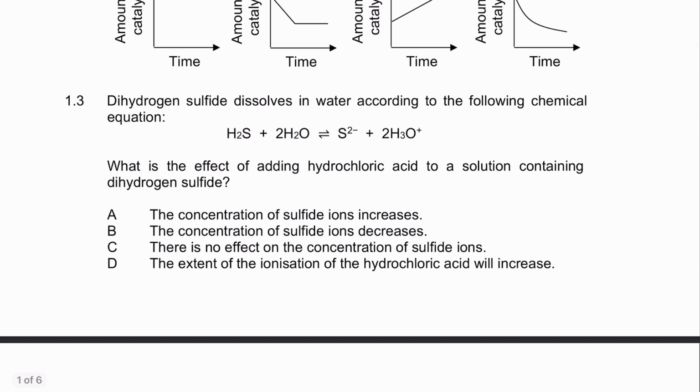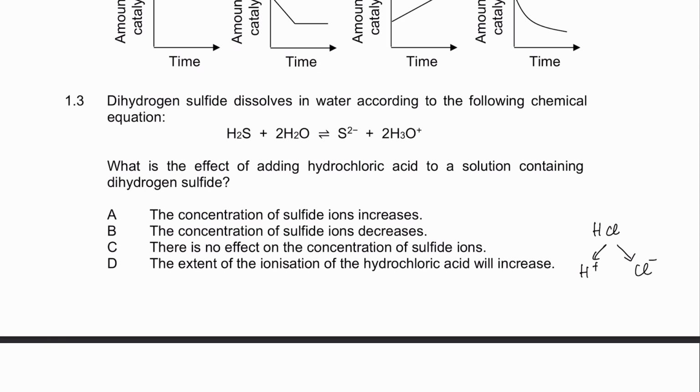Question 1.3. Dihydrogen sulfide dissolves in water according to the following chemical equation. What is the effect of adding hydrochloric acid to a solution? So what happens if we add hydrochloric acid? The hydrochloric acid is not in the reaction, but we know that hydrochloric acid, HCl, dissociates into H plus and Cl minus.